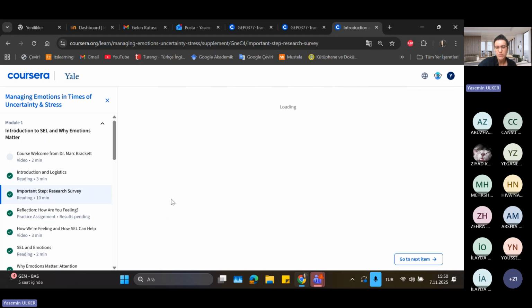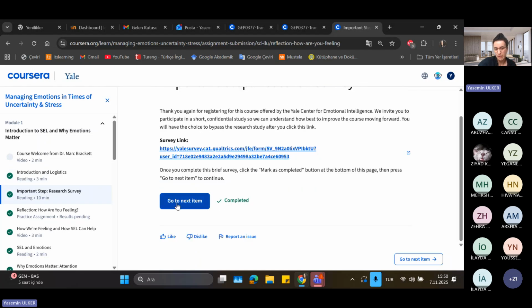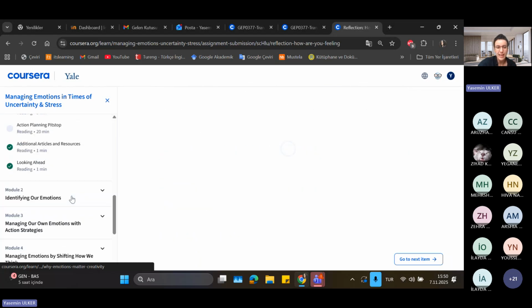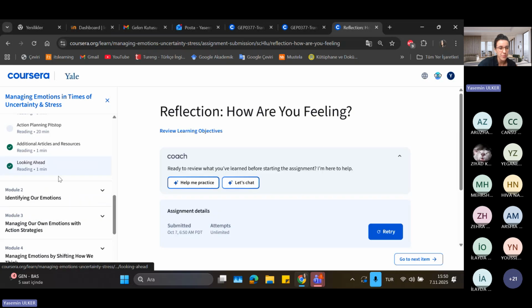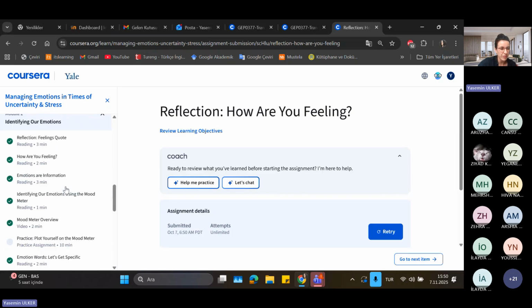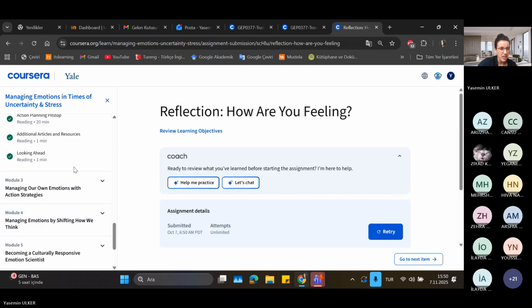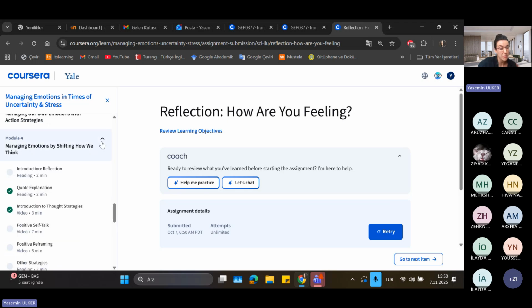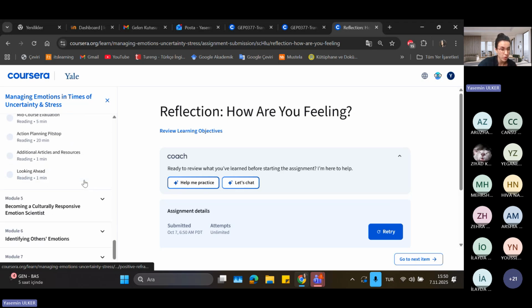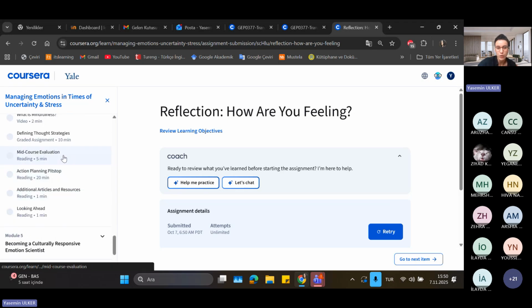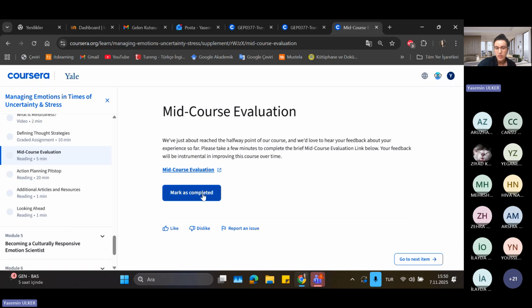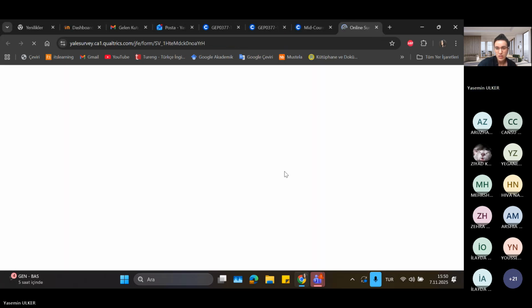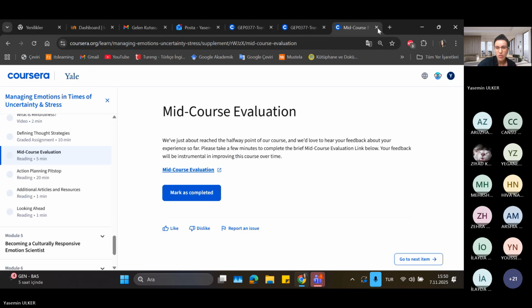Go to next item. Do you see that? So this is how it works. And at the end of it, I'm not sure if there are any quizzes here. I completed it before, by the way, but currently there is, yeah, a mid-course evaluation, something like this, for example. You see? Do you understand now? Is it clear, guys?